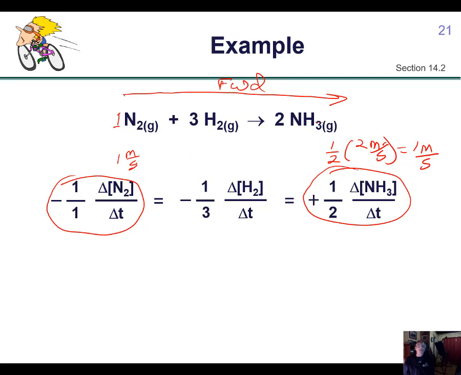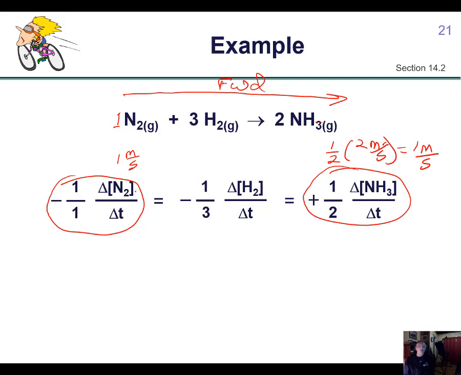Now these two rates are equivalent to each other because we've multiplied the rate of appearance of ammonia by 1/2. We've simply taken the coefficient, put it as a denominator here. These two rates are now equivalent to each other.